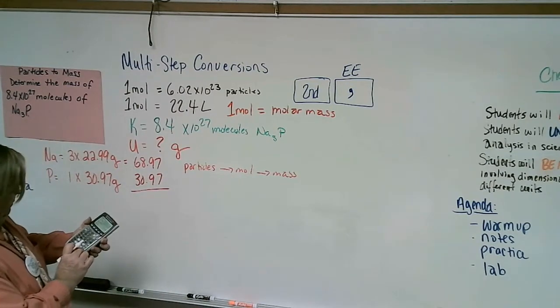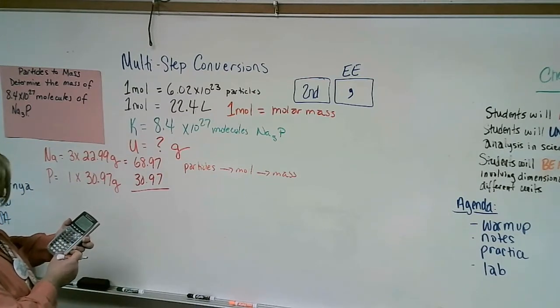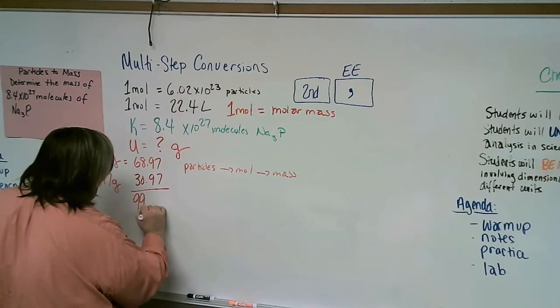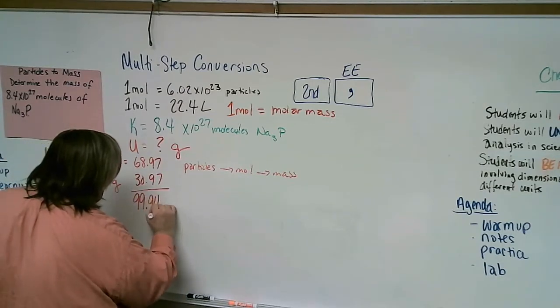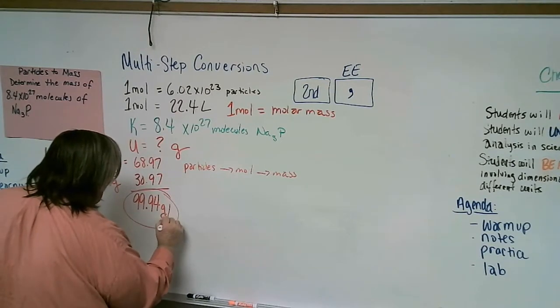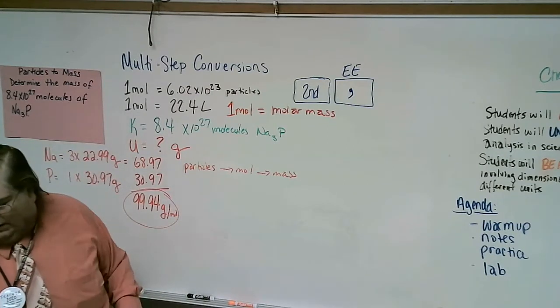Add these two together, and you get 99.94 grams. And that's going to be grams per mole. That's the gram molecular weight.